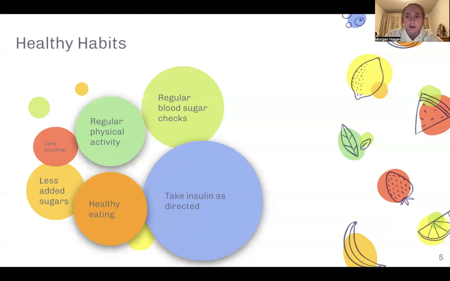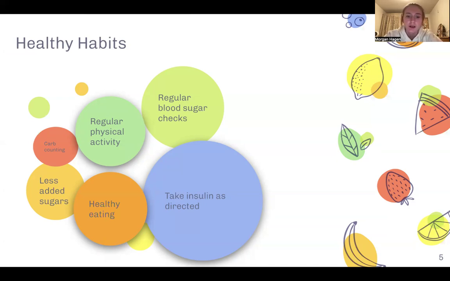And regular physical activity is really good. You don't want to have too much physical activity and have your insulin go too low. Regular blood sugar checks are also really good. So you know what your sugar is at and you're not dropping too low or going too high.